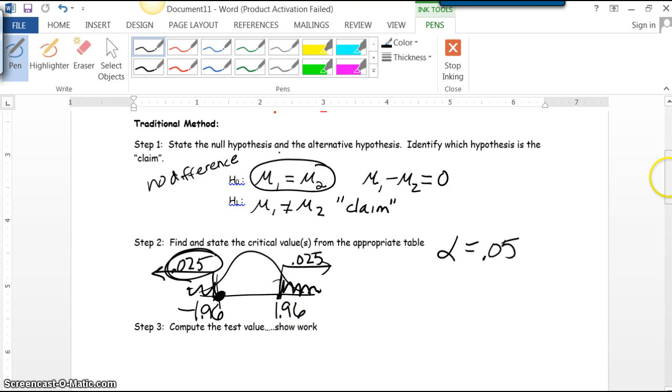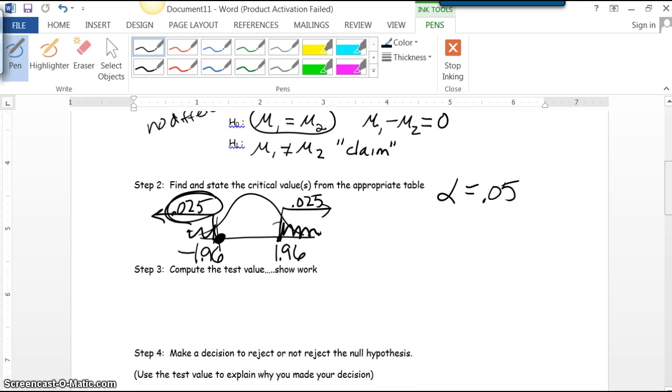The test value is found by using the formula, and the formula looks like this.